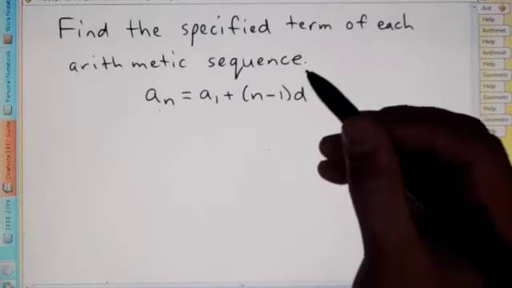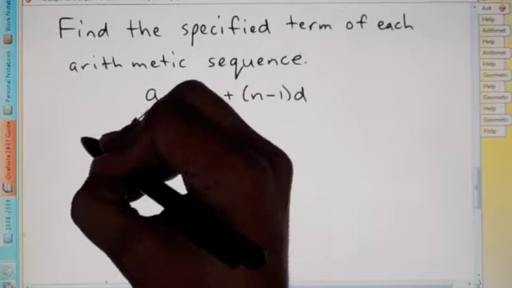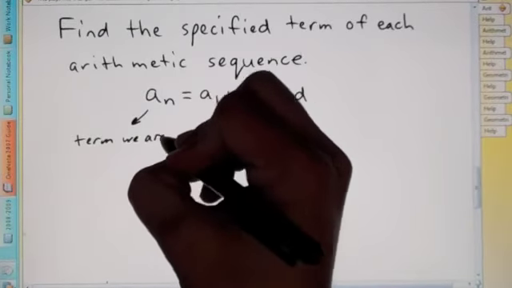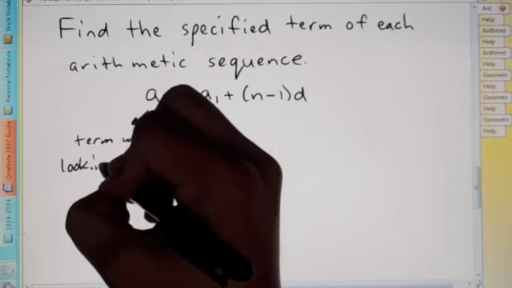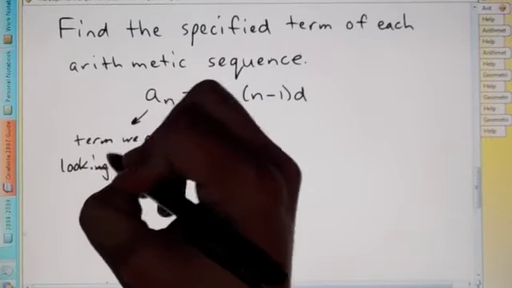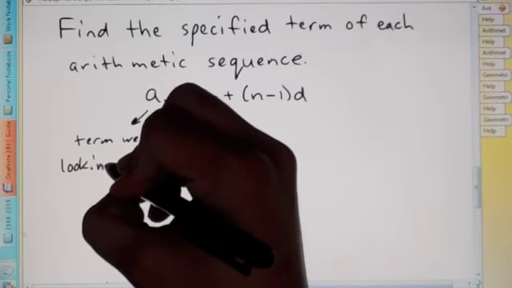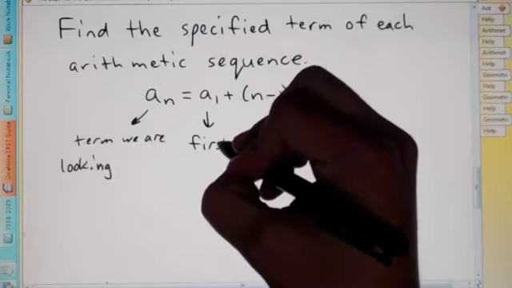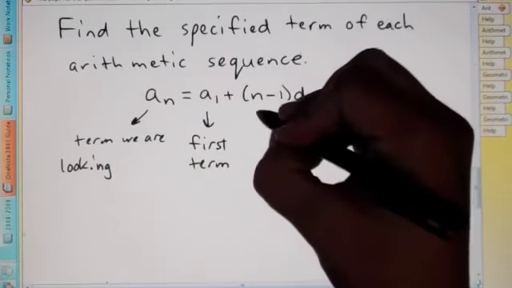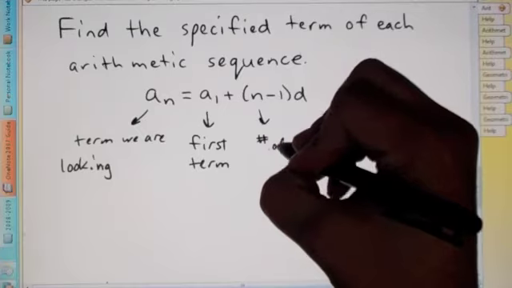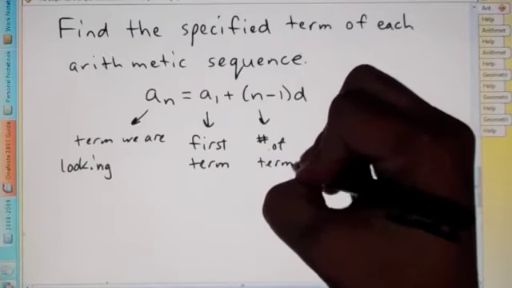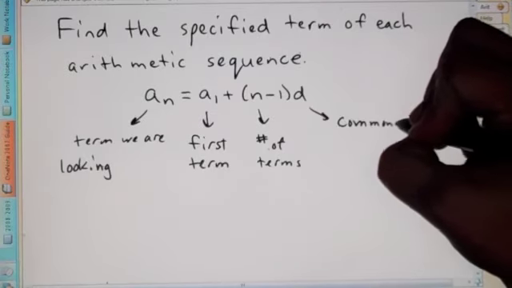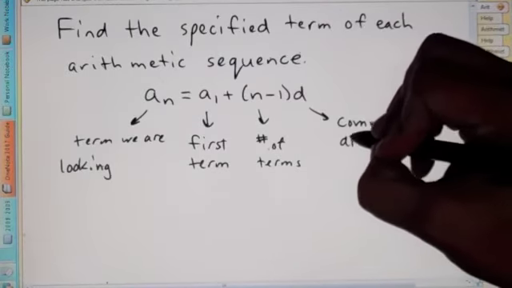This is to find any term. a sub n is the term we are looking for. a sub 1 is our first term. n is the number of terms. And d, like we established before, is our common difference.